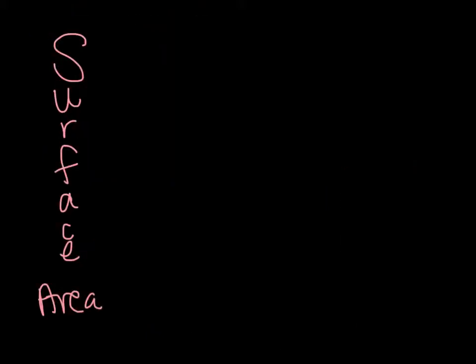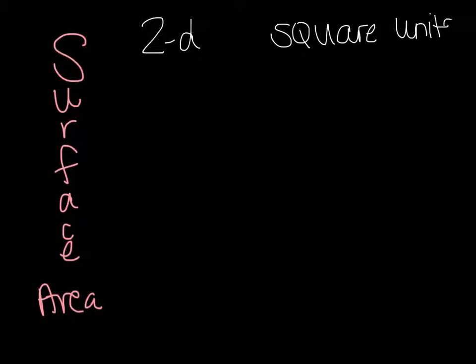So just to recap, surface area is always 2 dimensions, or 2D, which means our answer will be labeled in square units, which could be square centimeters, inches squared, feet squared, units squared, whatever that is. We're thinking about that flat surface or that net idea of what it would take to cover or paint the outside of a 3-dimensional object.